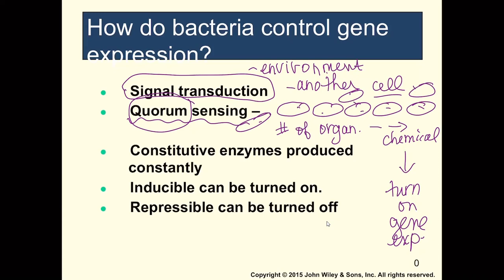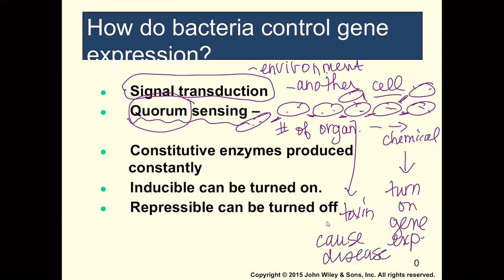So it's interesting because they've figured out that with some diseases, you need a certain number of cells to accumulate, and the cells have to be able to communicate with each other, right? So talk to each other, and then they might produce a toxin that will cause a disease.